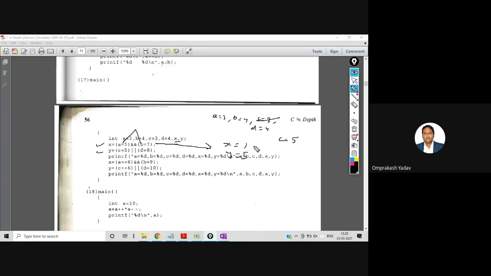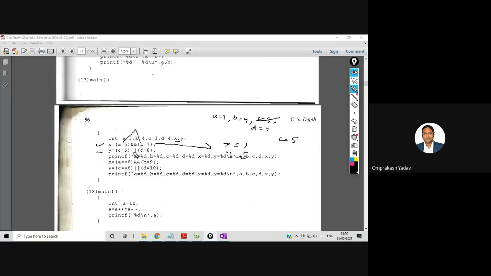Now why has this happened? y is equal to 1, and c is 5, because the compiler will not take that much effort to solve the second operand. This is an OR operation, and the compiler is very much aware that for the OR operation, if the first input is true, there is no need to see the second input, right? Because the output is going to be 1 only.